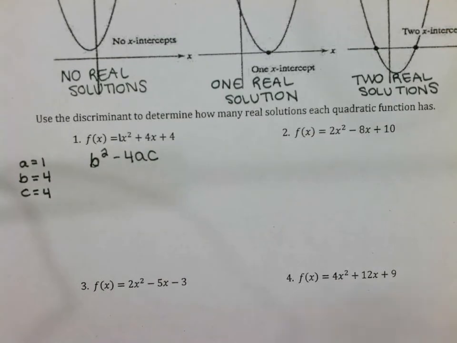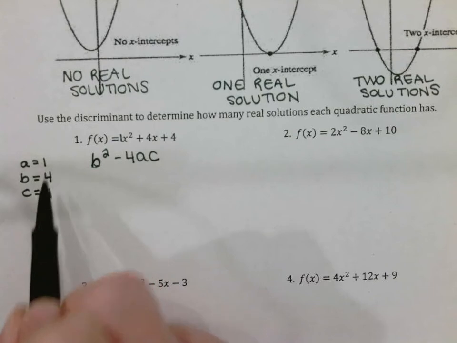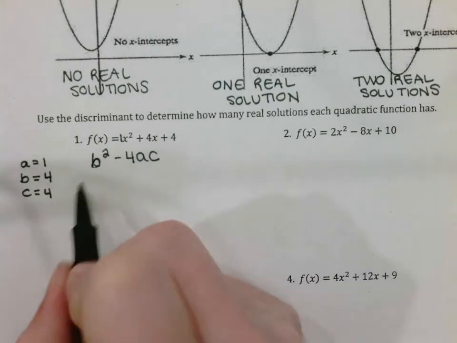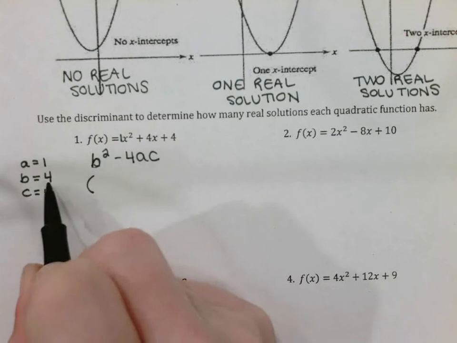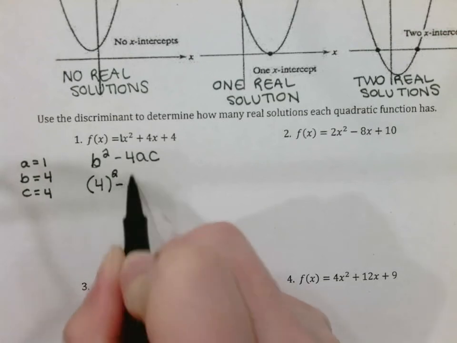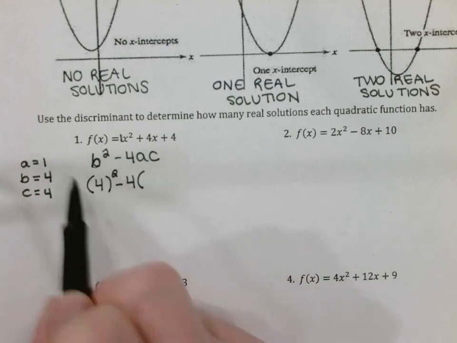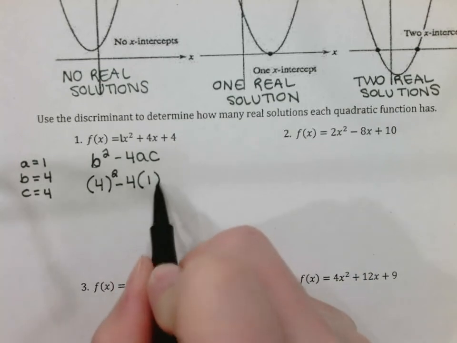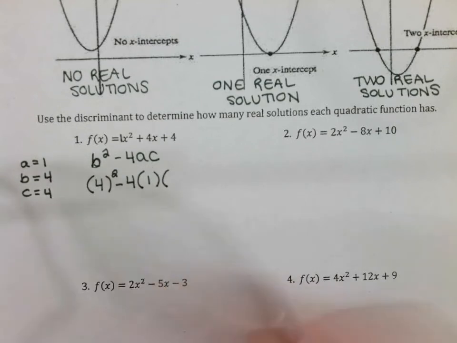And so I'm just going to plug that in, and every time I substitute one of these values in, I'm going to put it in parentheses. So instead of b squared, well, b is equal to 4, so that's 4 squared, minus 4 times a, well, a is 1, times c, and c is 4.